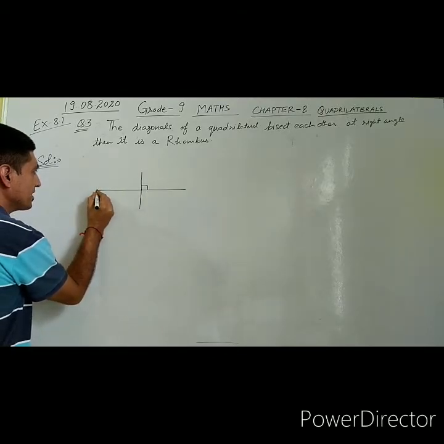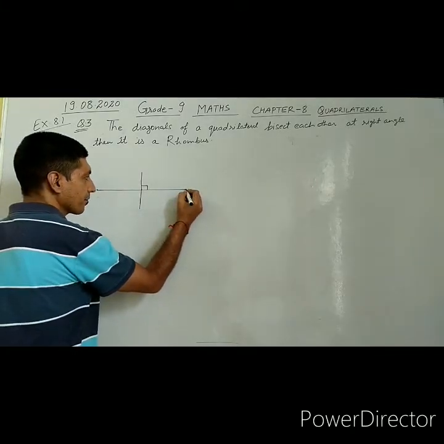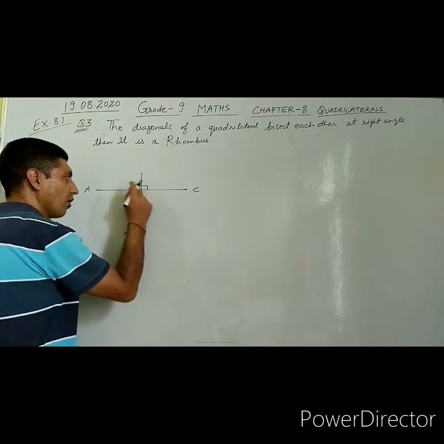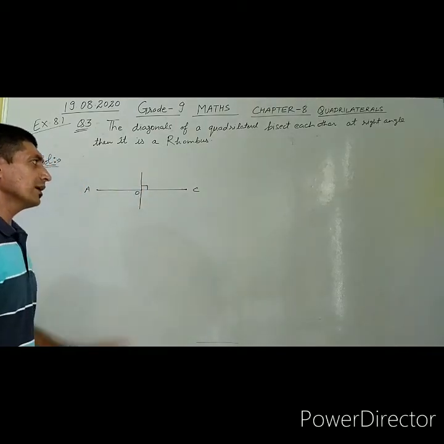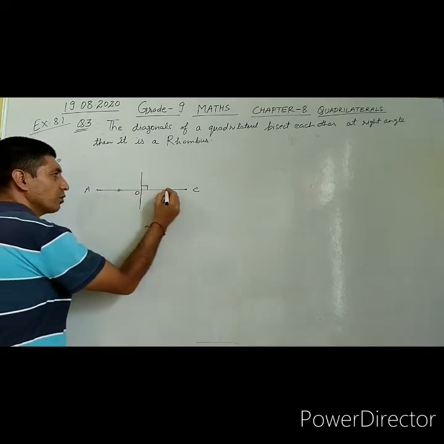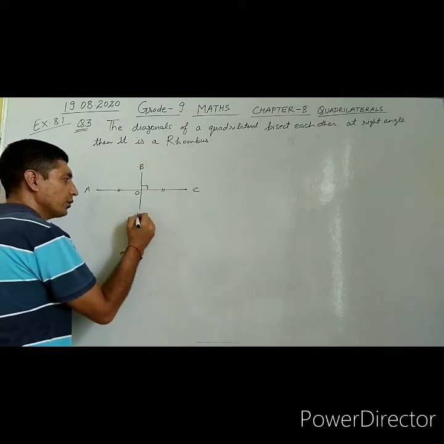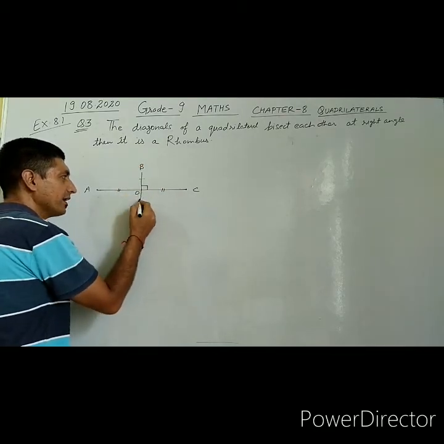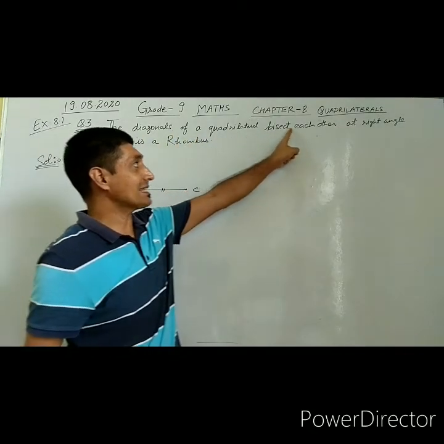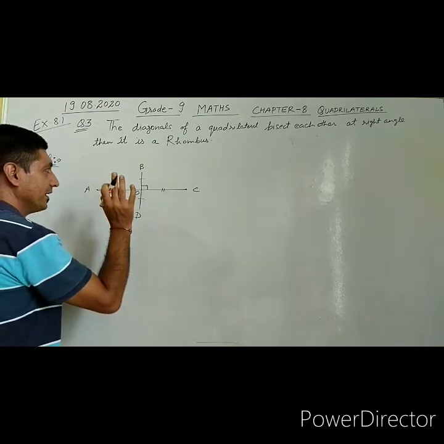Let this point be A, this C, and here let this point be O. All these angles must be 90, 90, 90. It is given that AO is equal to OC and OB is equal to OD, right? The diagonals of a quadrilateral bisect each other at right angles. This is the right angle, so all these are 90 degrees.